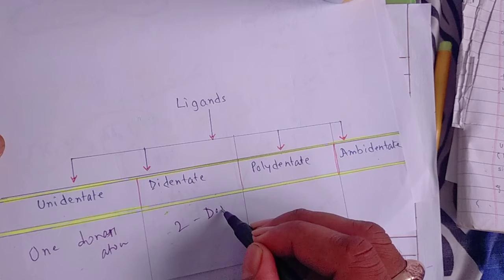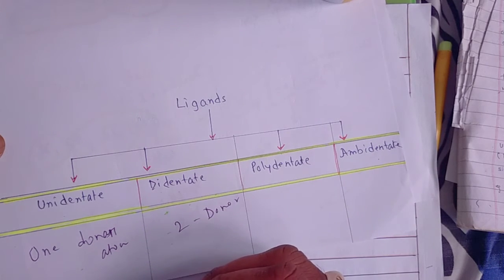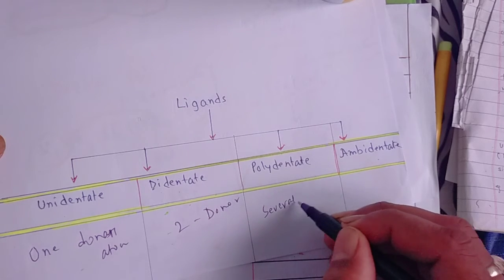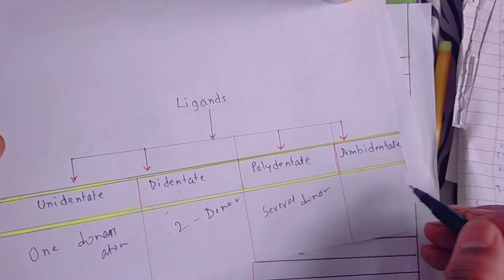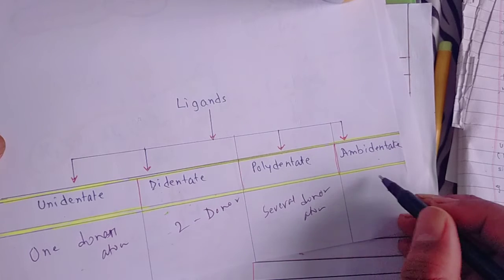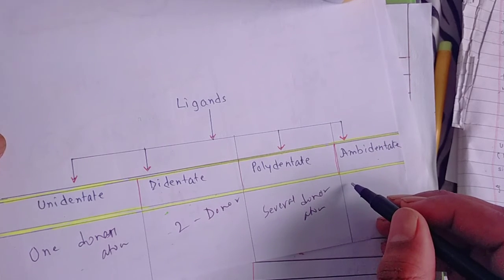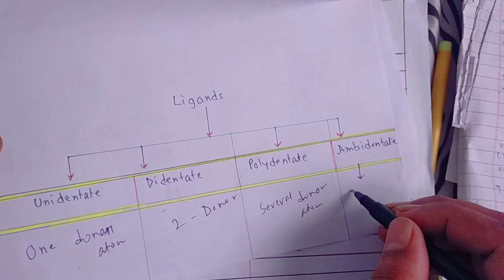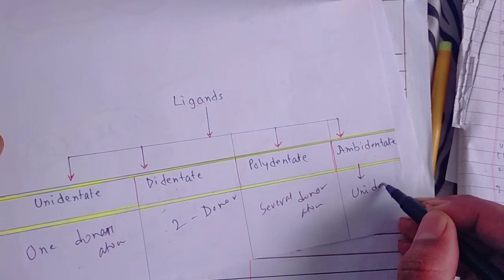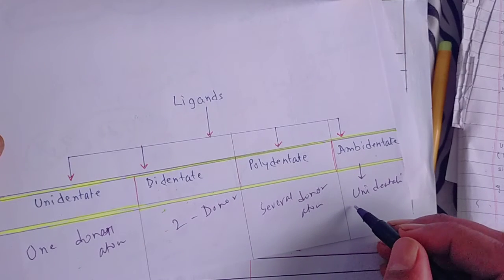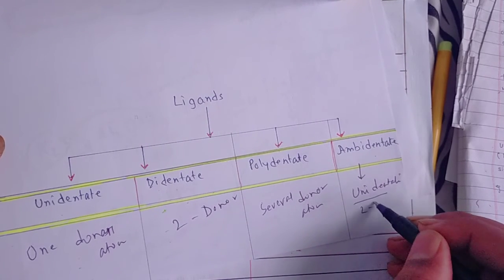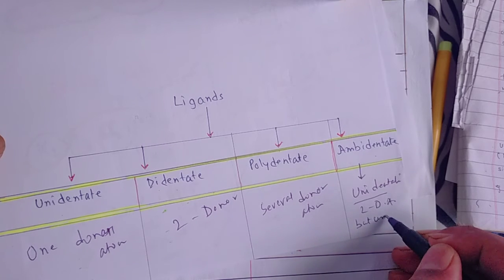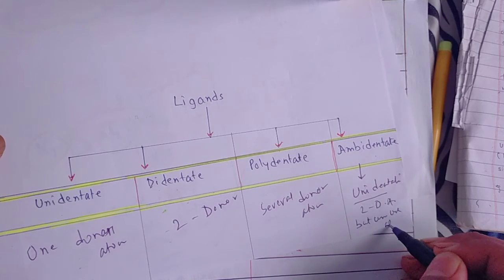Didentate, two donor atoms. Polydentate, several donor atoms. Ambidentate, this one is a dilemma: these are actually unidentate, but having two donor atoms, it uses only one at a time.